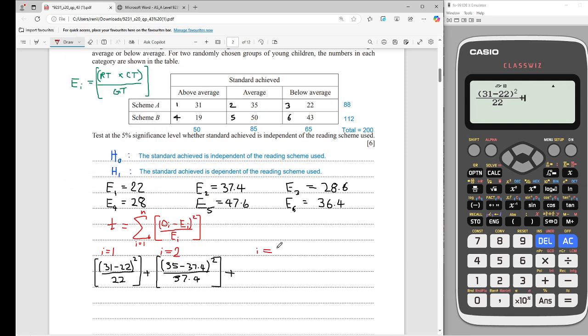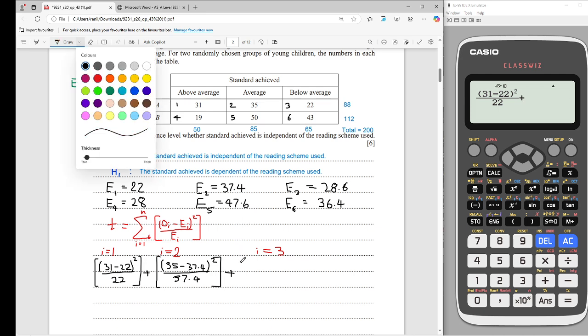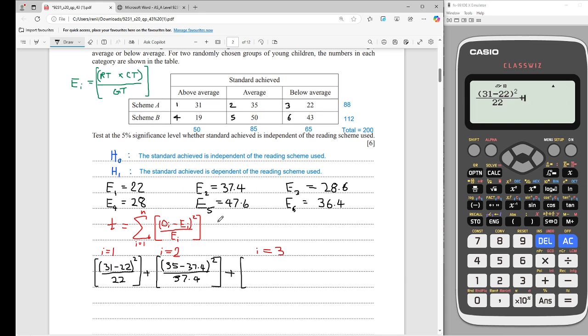Now when I equals 3, it is going to be the observed value of 22 minus the expected of 28.6, whole squared, the difference, whole divided by the expected value 28.6.